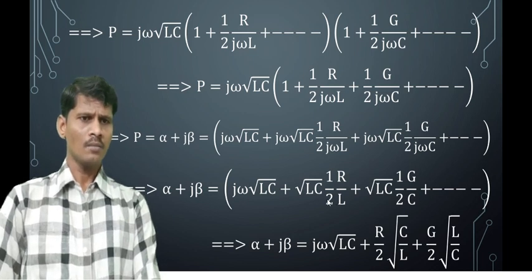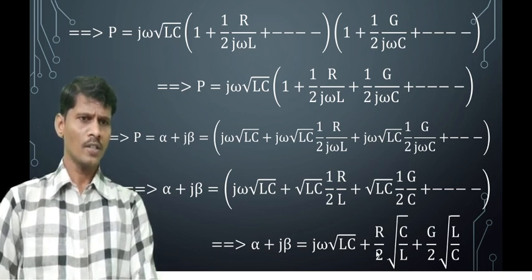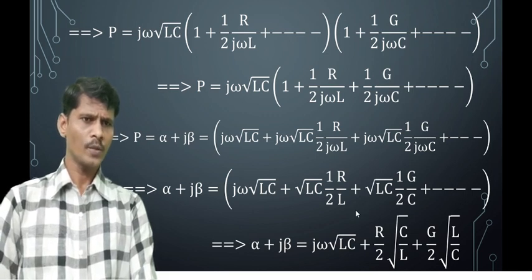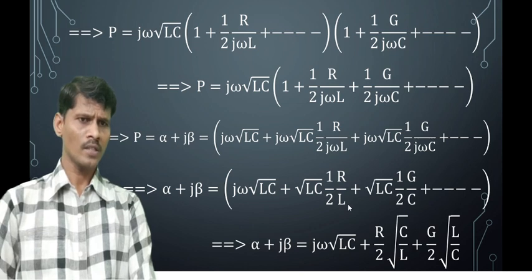And the second term and third term take the common R by 2. R by 2 into, here one square root of L is cancelled.